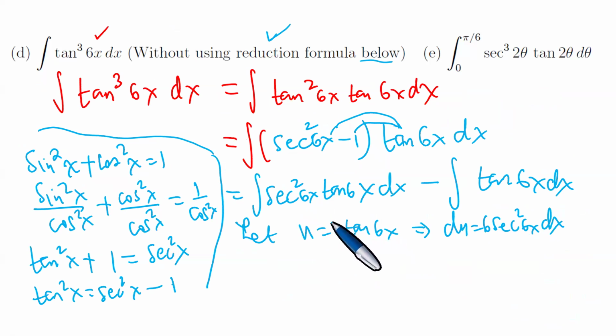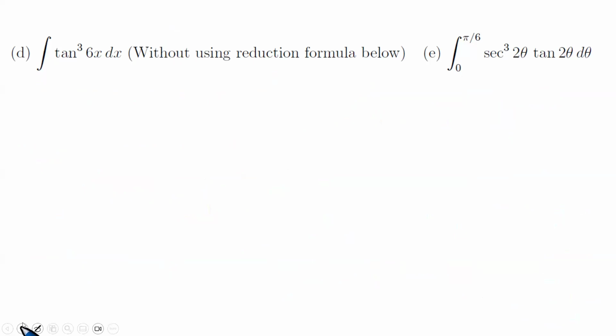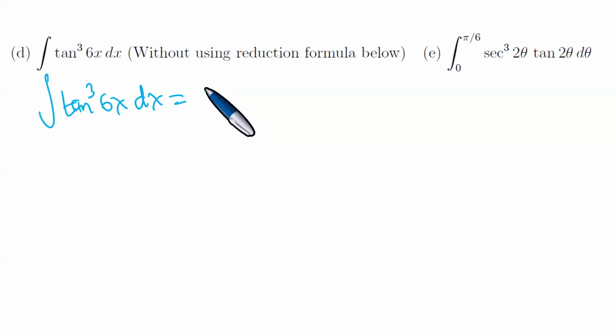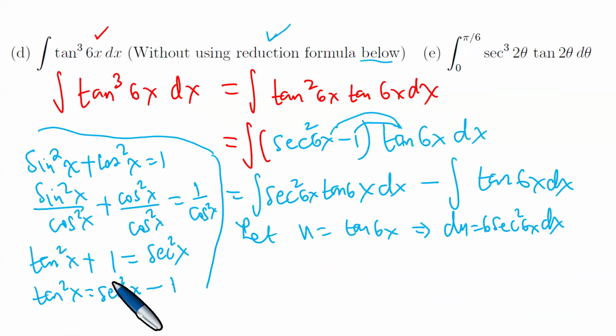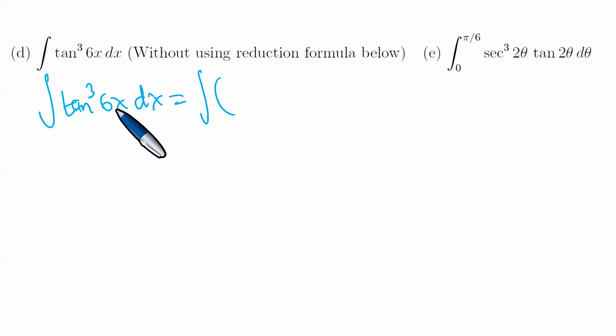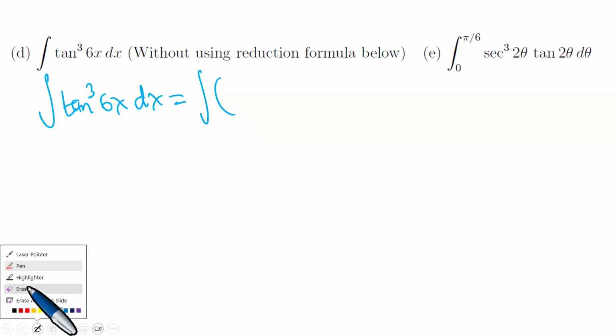In other words, I want to elaborate on the fact that the integral of the tangent cubed of 6x dx is also the same as, like we saw here, we're going to use the same thing: tan squared is sec squared minus 1. So you can break it down to the tan squared in that.